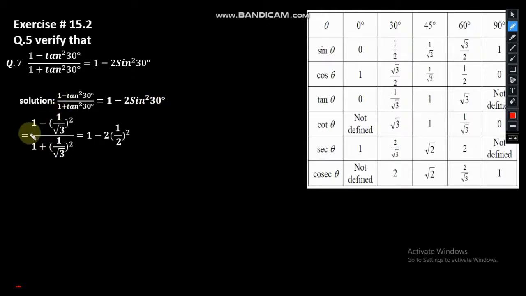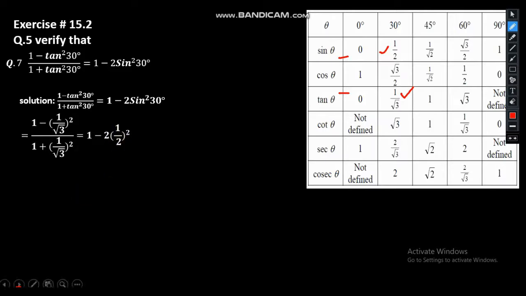So 1 as it is, tan 30 degree, this is actually 1 divided by under the root 3, and taking whole square, 1 plus 1 divided by root 3 taking whole square. 1 minus 2 sin 30 degree, sin 30 degree is actually 1 divided by 2, whole square.